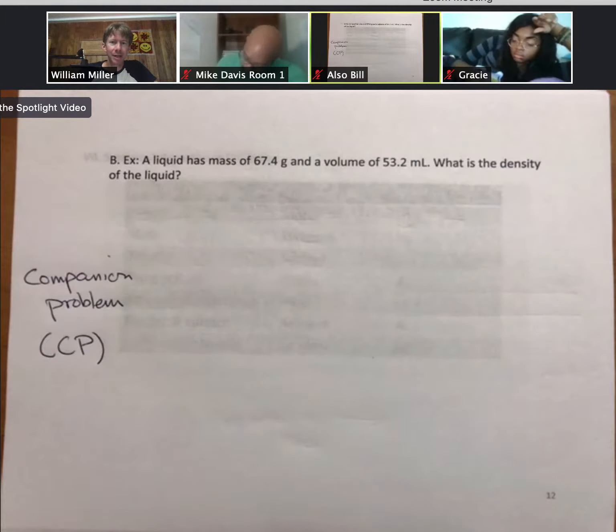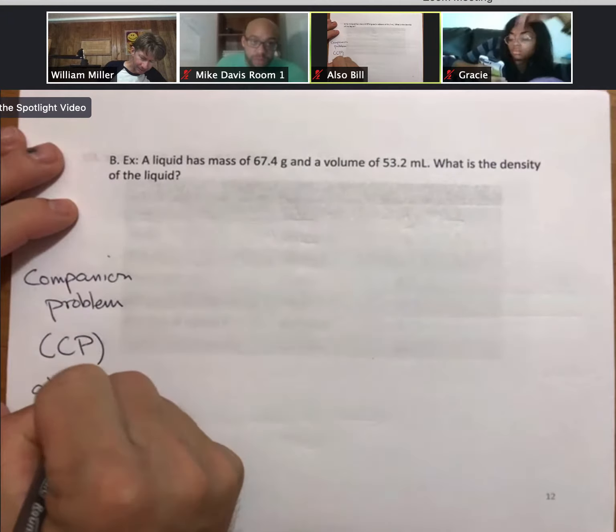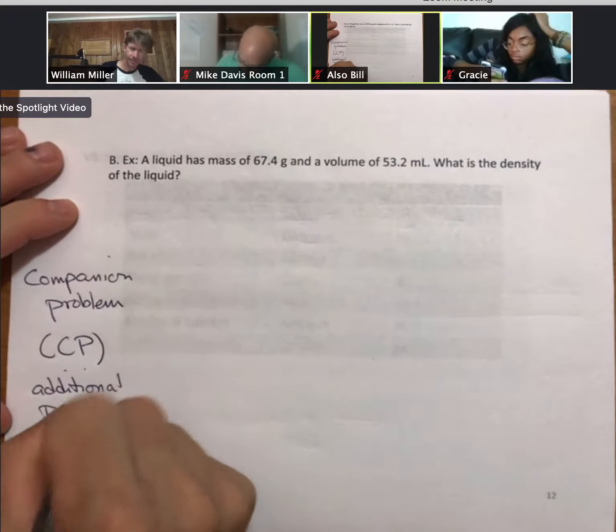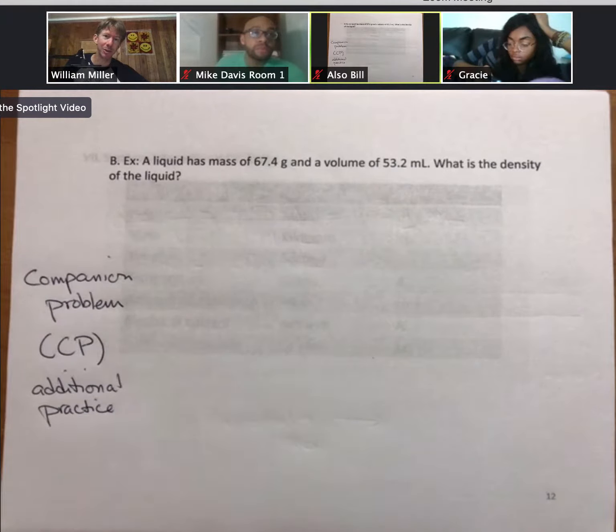So companion problems are additional practice that does not have to be done when you turn in your lecture outlines. You can leave these pages blank or leave them out, so don't take the PDF of them.